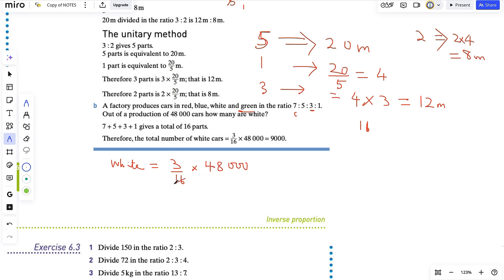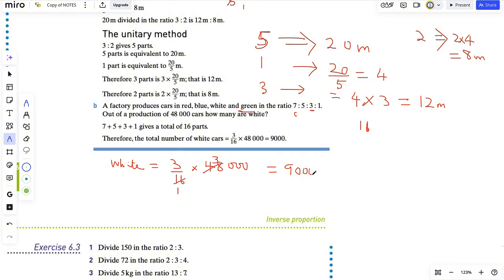So 16 goes into 48, 3 times. So this becomes 3,000. 3,000 times 3 becomes 9,000. So there will be 9,000 white cars made out of 48,000.